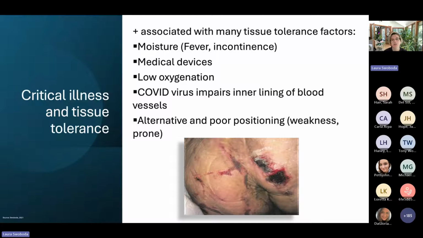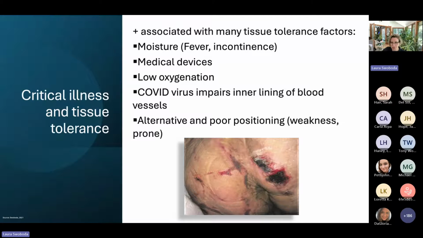If you have fever, if you have incontinence, you're diaphoretic, you have an excess of medical devices, you're tubed in like every orifice, right? So you're going to have increased risk just because of the amount of medical devices. You tend to have lower oxygenation, and you have alternative and poor positioning. You're weak, a lot of times you're prone.